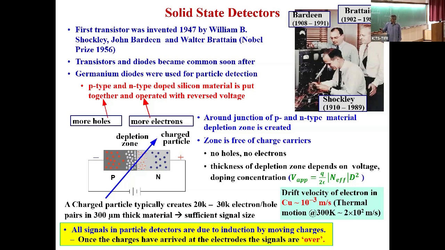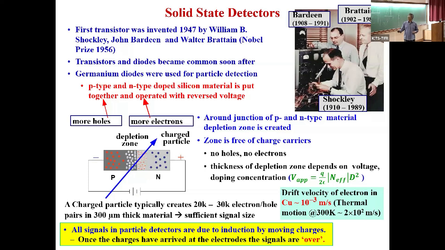Our copper wire, where you connect, is a few centimeters long. So if the electron moves in these wires, the signal would take a tenth of a second to arrive.